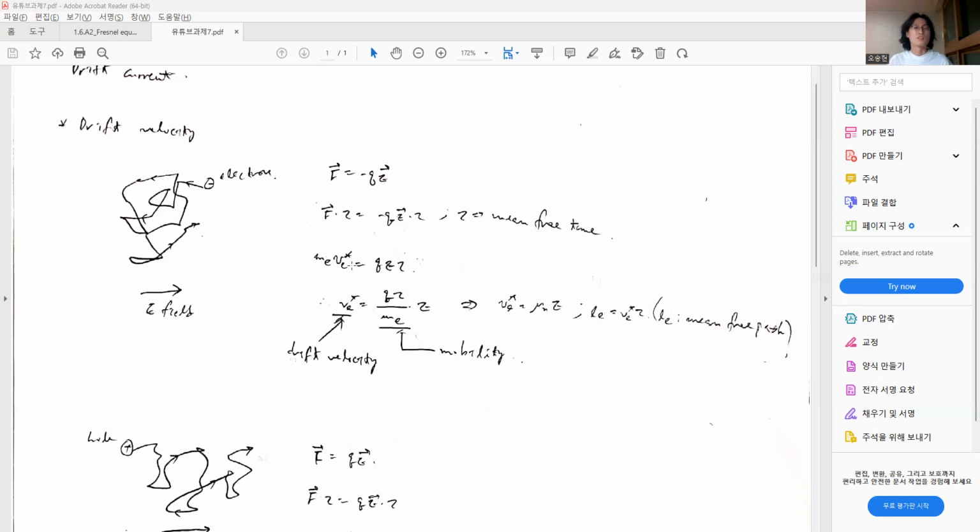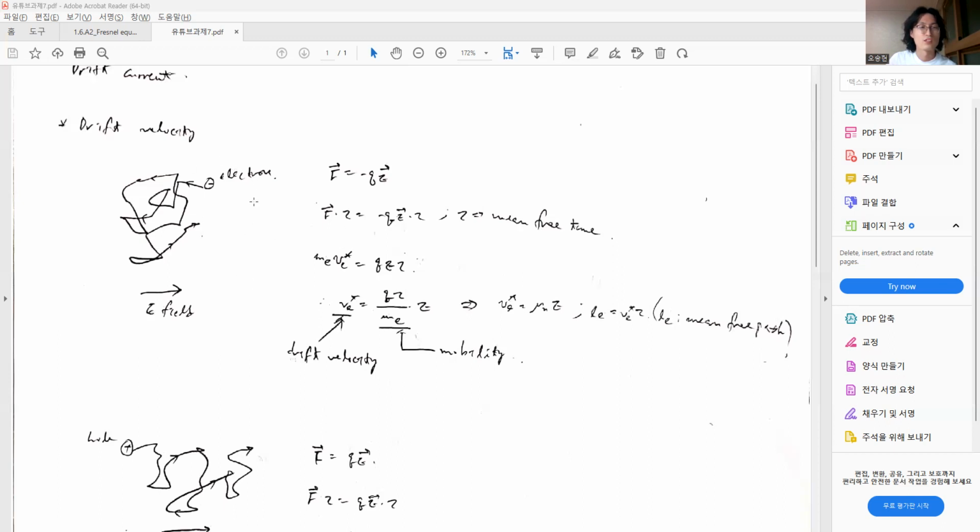This also has a specific meaning: when the electron vibrates randomly, it has a mean value of velocity.